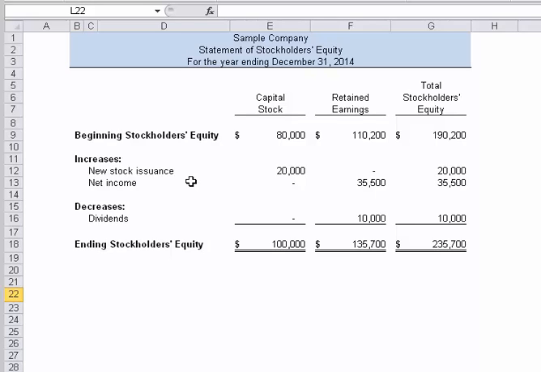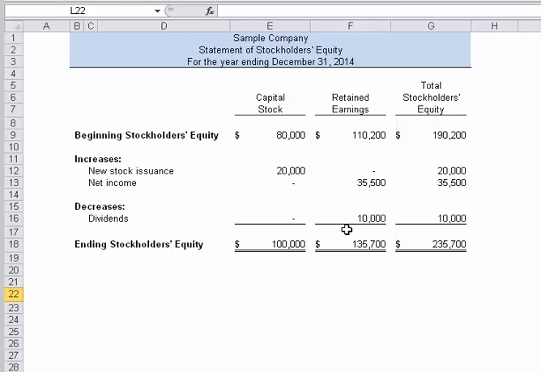And for the sample company, for the year ending December 31st, they had a new stock issuance of $20,000, and then they had that $35,500 of net income that we already saw on the income statement. So that comes forward. That's why the income statement has to be prepared before the stockholders' equity statement gets prepared. Next, we show the decreases.